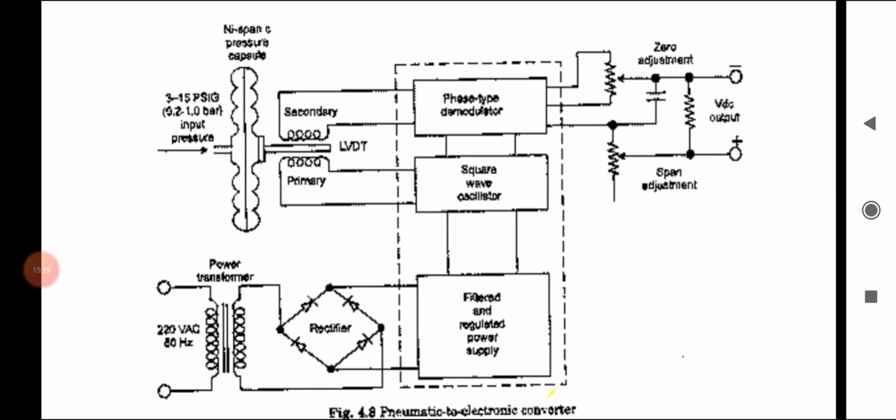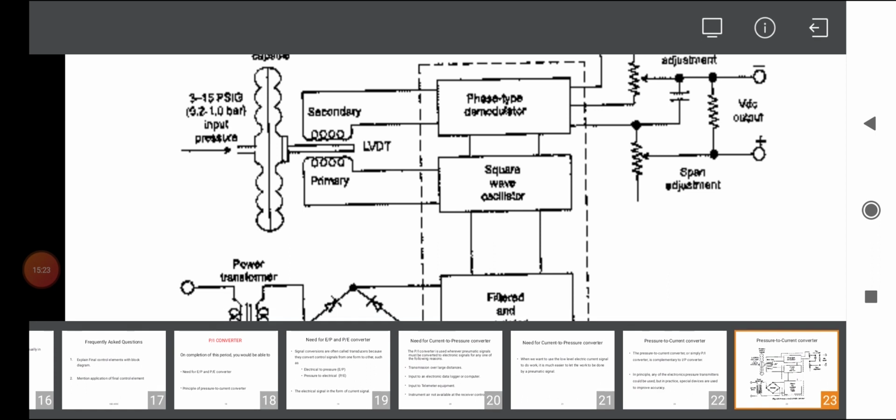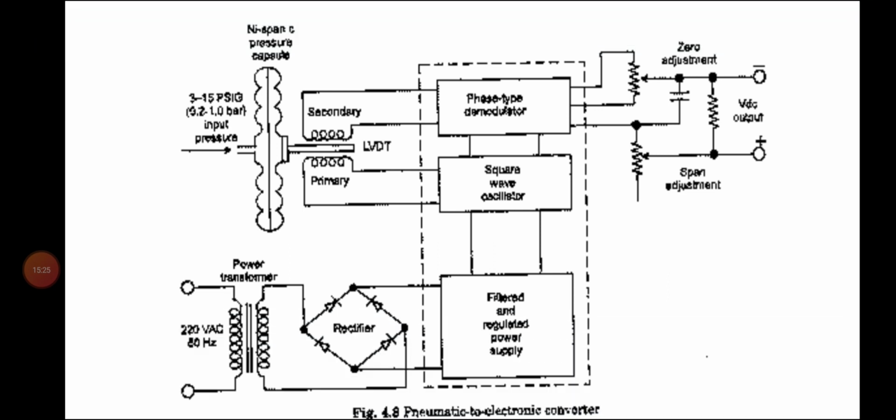So this regulated power supply will generate the square wave oscillator. The square wave oscillator excites the primary winding of the LVDT. LVDT is a linear variable differential transformer.